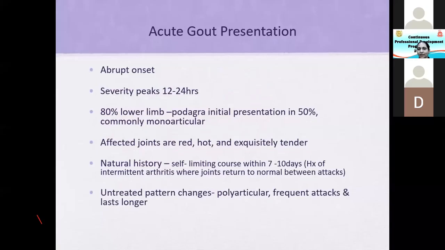But as the disease progresses, if it is not identified and treatment started, then the frequency of attacks increases and there'll be cumulative damage, and it'll be a chronic arthritis. The pattern might change from monoarticular to polyarticular, and the attacks might last longer.